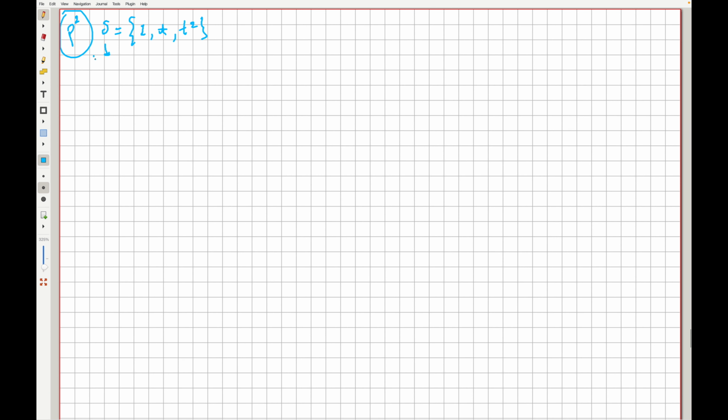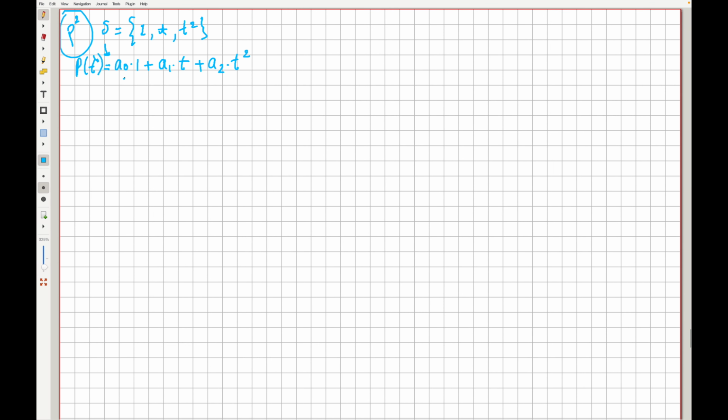And so the linear combination in this case would have been a0 times 1 plus a1 times t plus a2 times t squared, and that will get us the polynomial p of t. And we already have the values for this.